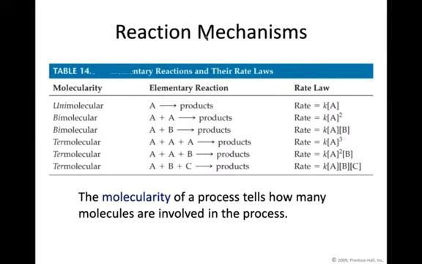All right, last idea. Remember we talked about reaction mechanisms, which were ways to break a reaction down into single steps, step-by-step processes. And so if you break your reaction down into those steps, you could do a couple things.